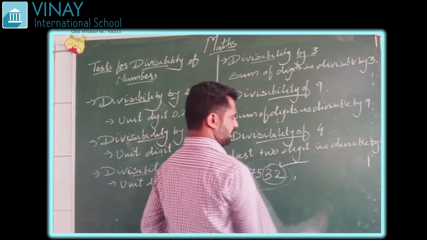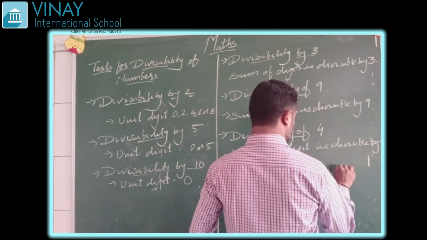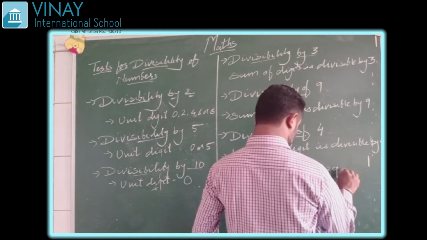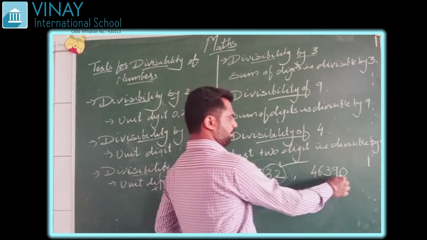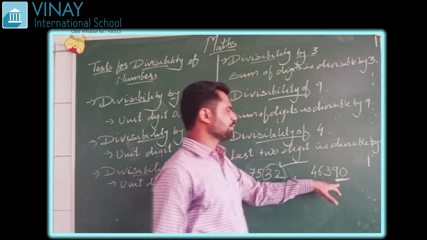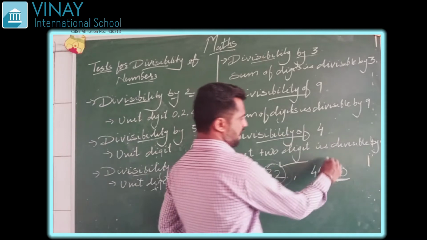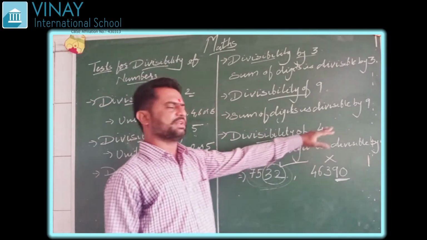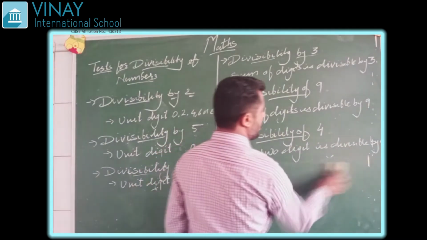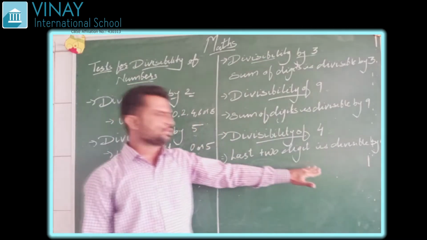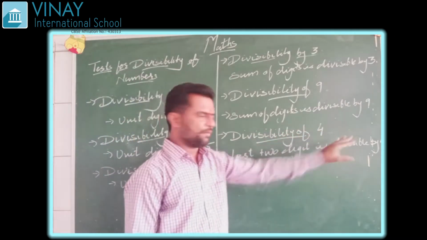The same way, if some other number is there, like 46,390, we just need to see the last two digits. Now here the last two digits are not divisible by 4, and that's why this number is also not divisible by 4. So divisibility by 4 says that if the last two digits are divisible by 4, that number is divisible by 4.